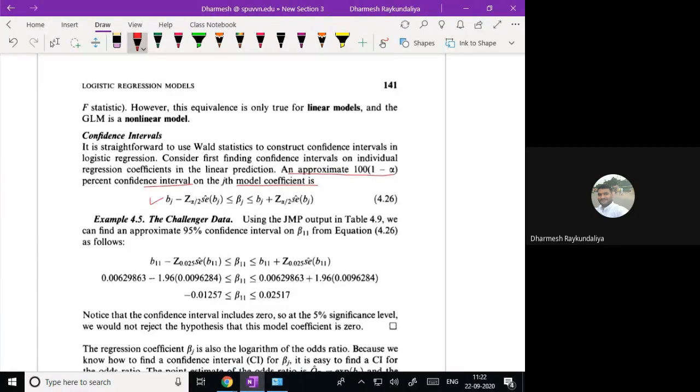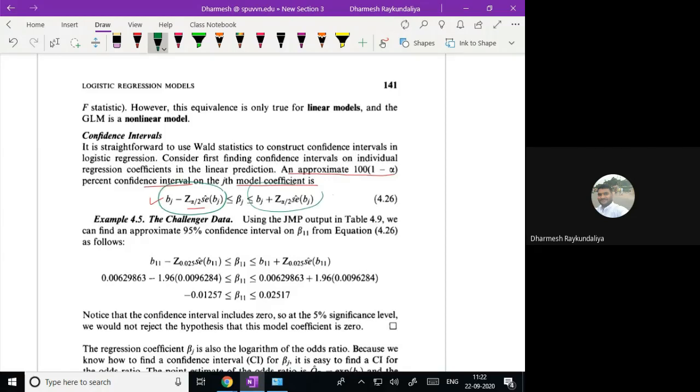The estimate of the jth model coefficient is Bj, and its standard error is SE of Bj. The test statistic is Z, but we are talking about the confidence interval, so here it is Z alpha by 2. So Bj minus Z alpha by 2 times the standard error of Bj is the lower bound, and this is the upper bound.